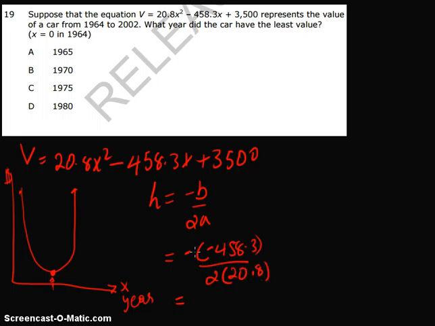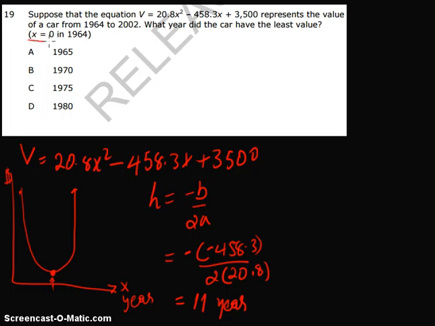As you can see, the two negatives become positive, and when we do the math, 458.3 divided by 2 times 20.8 will give us 11.01. So roughly around the 11th year. Now all we need to figure out after this is which year was the 11th year.